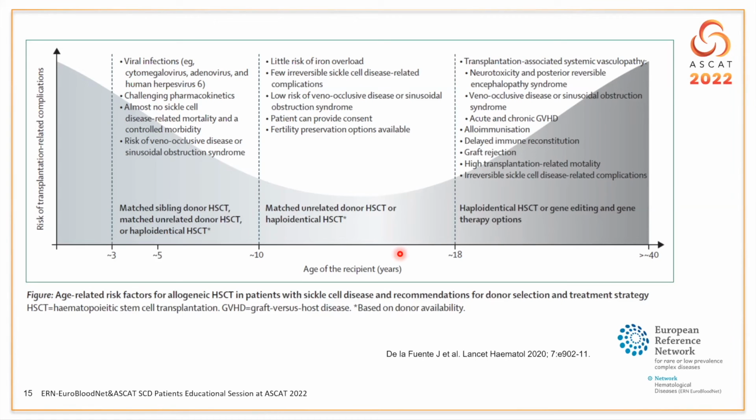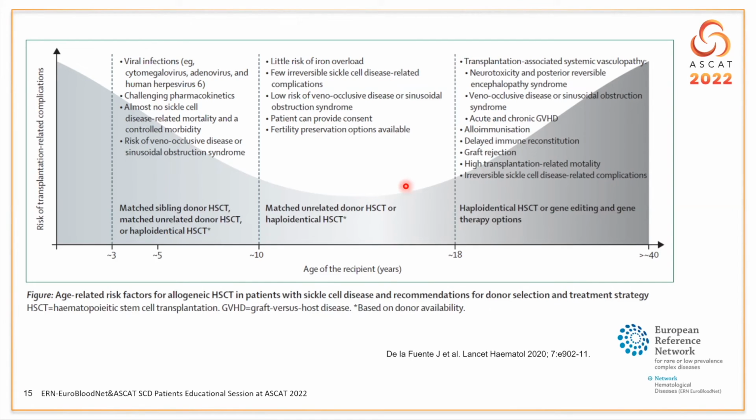Again, the age plays an important role. The transplant gives better results if it is performed in children or in adolescents. It can be performed also in adults, but the clinical course of the transplant can be more complicated.